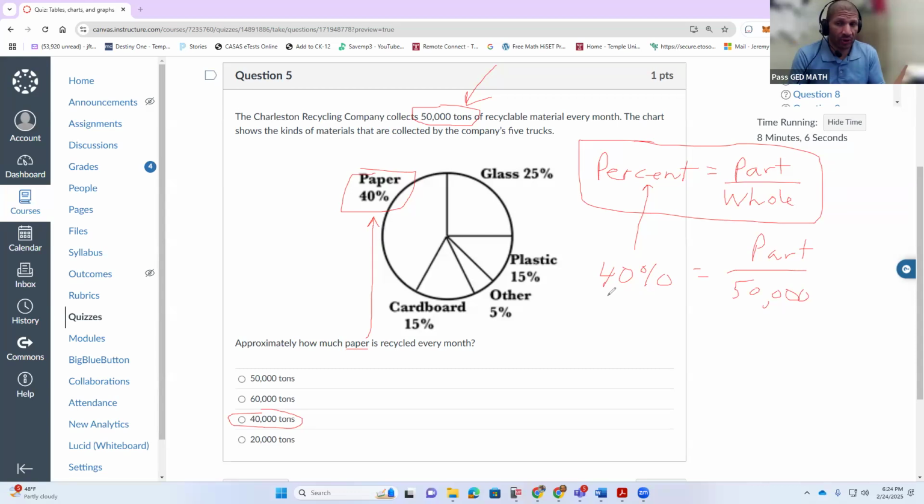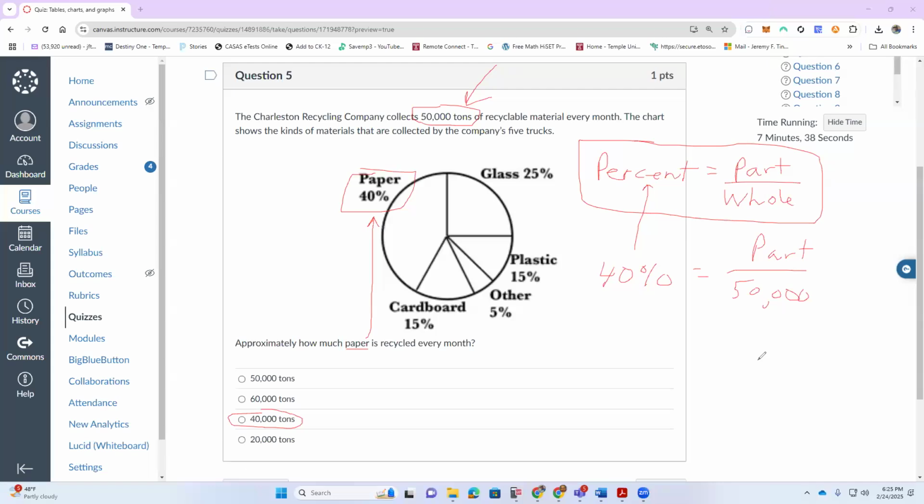So in this case, if I wanted to get part by itself, what would I need to get rid of? Look at that equation: percent equals part over whole. If I wanted to get part all by itself, what would I have to get rid of?